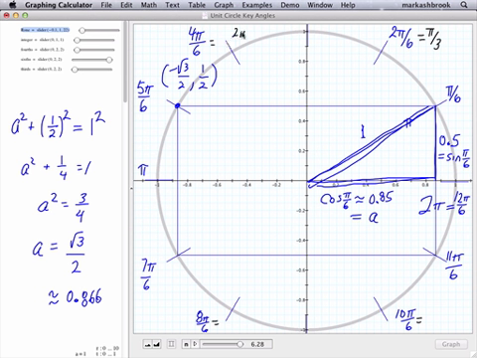This is 2 pi over 3. 4 pi over 3, and 5 pi over 3. So you can start getting them just by counting the sixths, 1, 2, 3, 4, 5, 6, etc. And then those 4 can simplify into these angles that are in thirds.